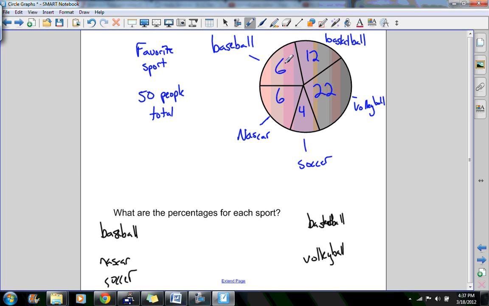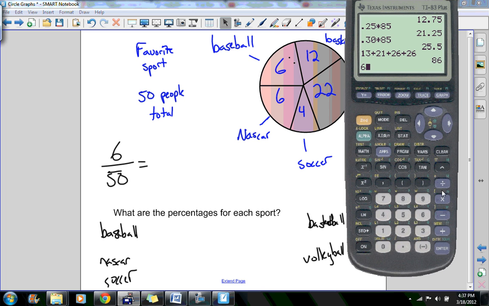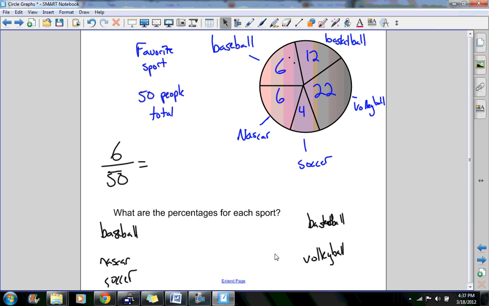Well, we remember that if we're looking at baseball, if 6 people answered and there were 50 people total, you have your fraction, and you take that fraction and you go 6 divided by 50, and you have 0.12. To turn it into a percentage, you can move the decimal twice or multiply by 100. They mean the same thing, and you would get 12% for baseball.